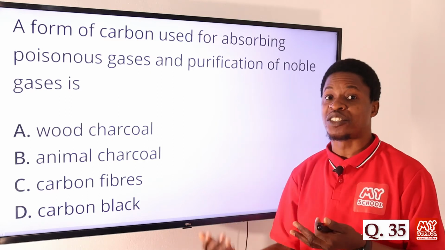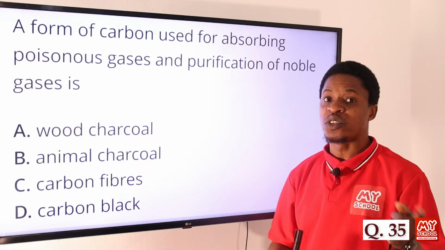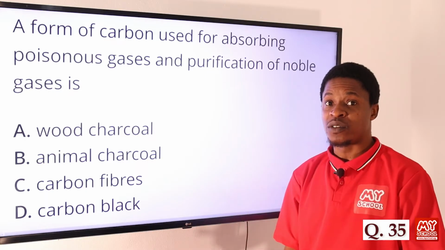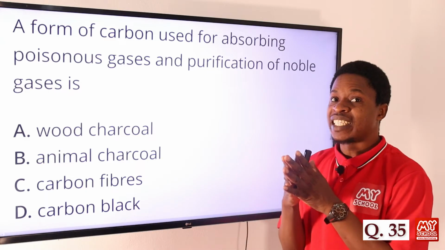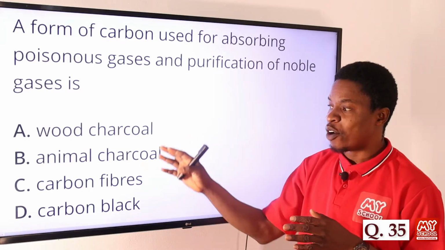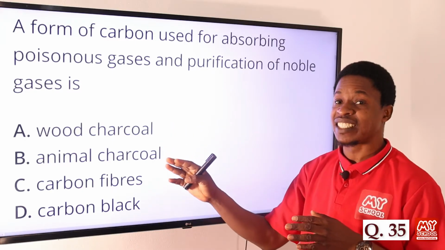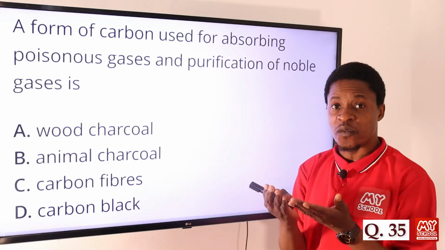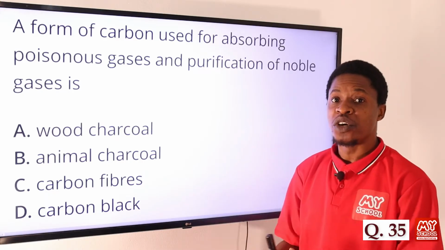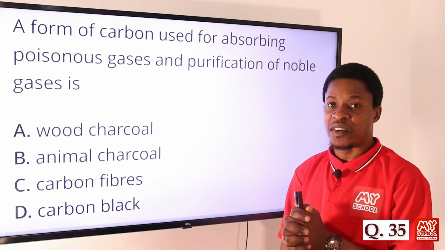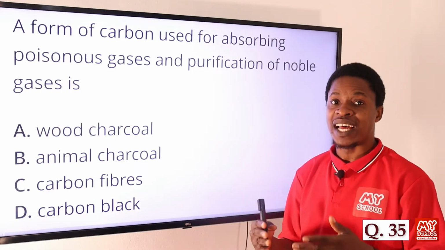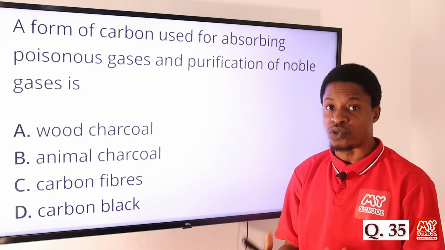When it comes to purification, remember in water treatment we talk about activated carbon. So the type of charcoal among all of these that has the characteristic of porosity of the surface and that can also purify noble gases is activated carbon or activated charcoal, and it is usually produced from wood.